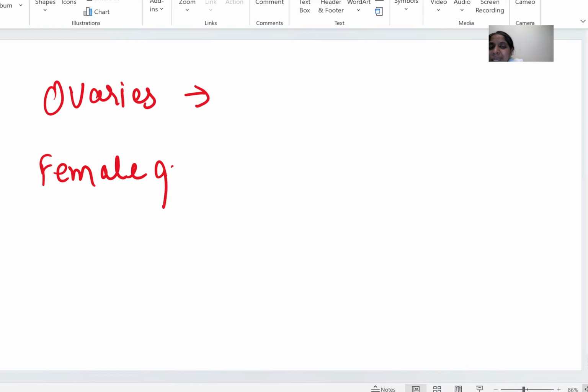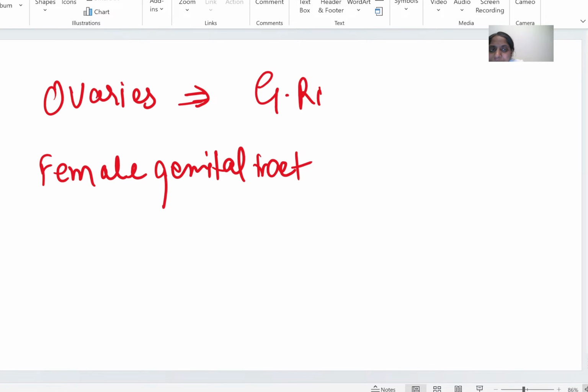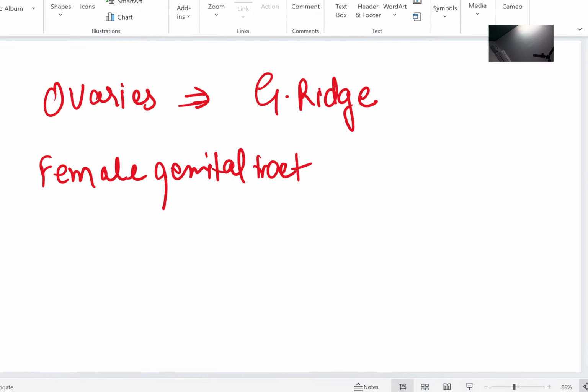The female genital tract originates from? Very good. So ovaries originate from the genital ridge. The female genital tract originates from the Mullerian duct. Very good.